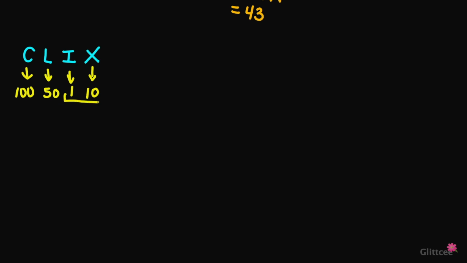And it's taking place right here. So this is going to be 1 minus 10. This is going to be a no-go. This is no, but I do want the 9. Okay, so now I have 100 plus the 50 plus 9. So this is going to be 100 plus 59, which is going to equal 159.